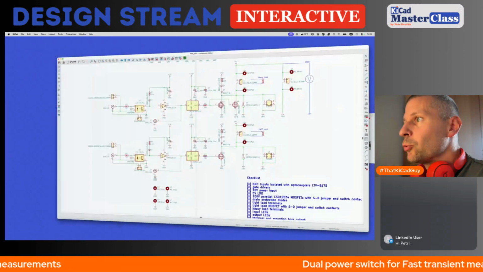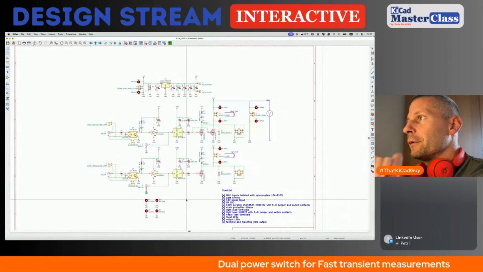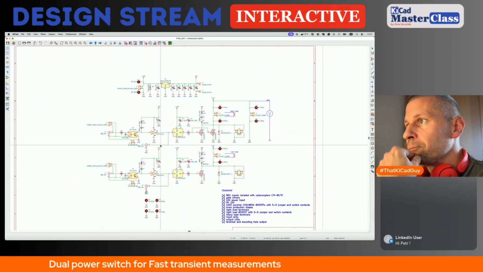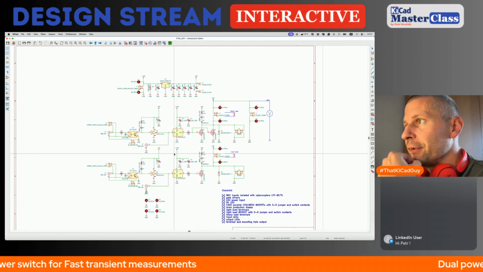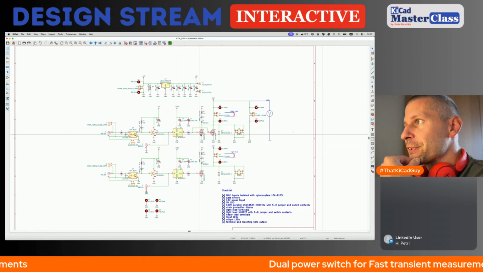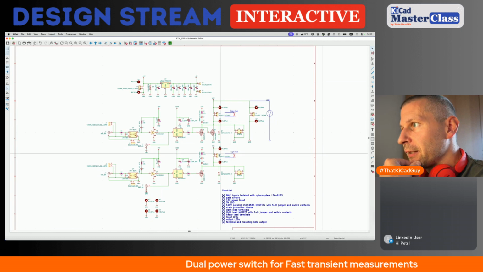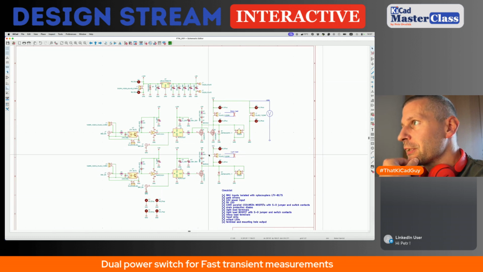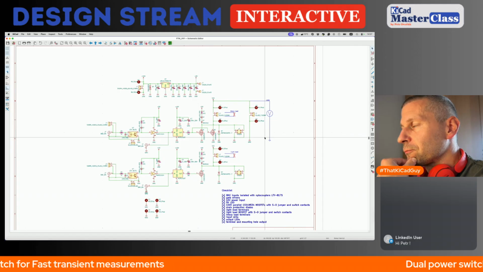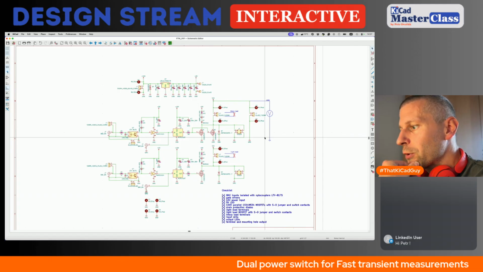Let's get back to the design. Yeah, I think we are good to go. We have power supply, simplified input stage with gate drivers, MOSFETs, LED monitoring the output of the MOSFETs, terminals connecting the external power supply plus the loads.